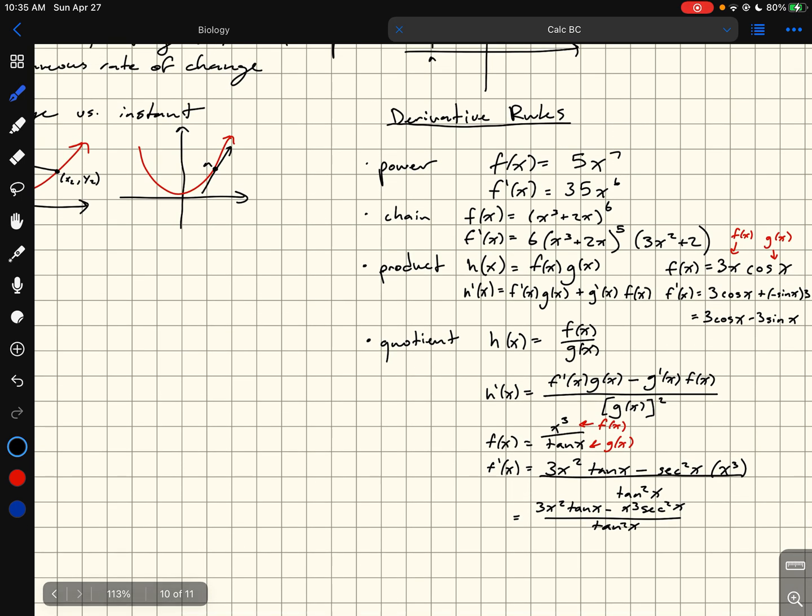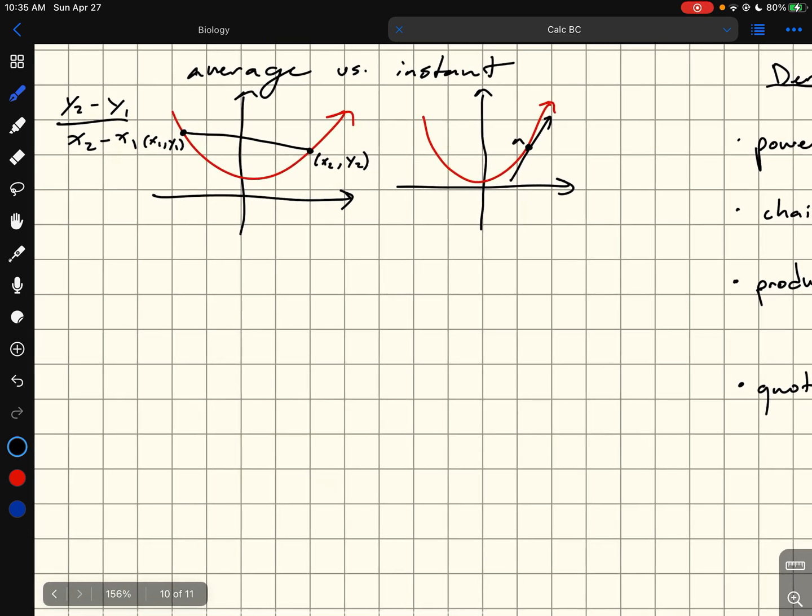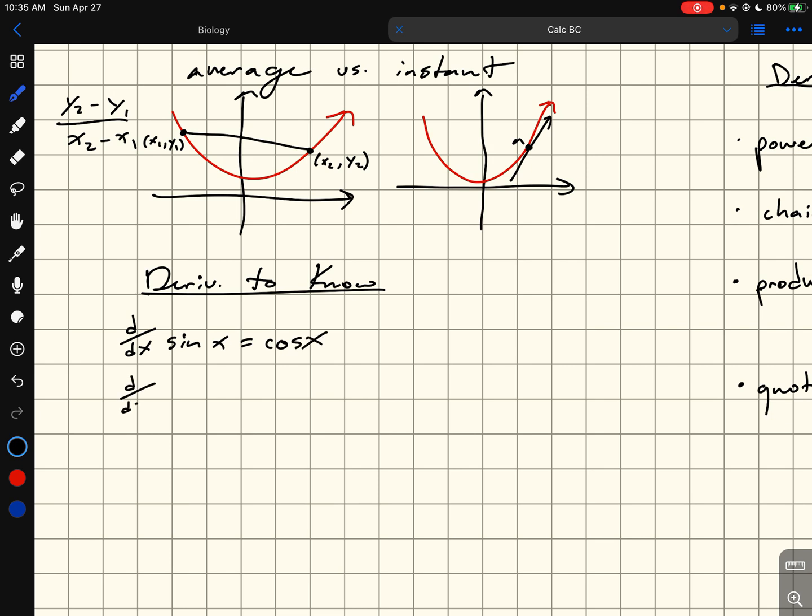Okay. Let's go over some specific derivatives that you should know. I'm just going to write sine, cosine, tangent out, but really, you should know these already. Derivative of sine, derivative of cosine, and derivative of tangent.